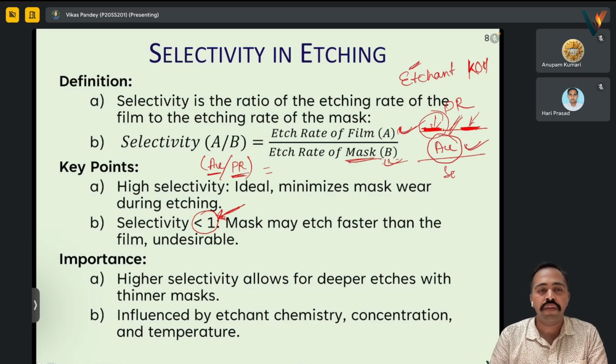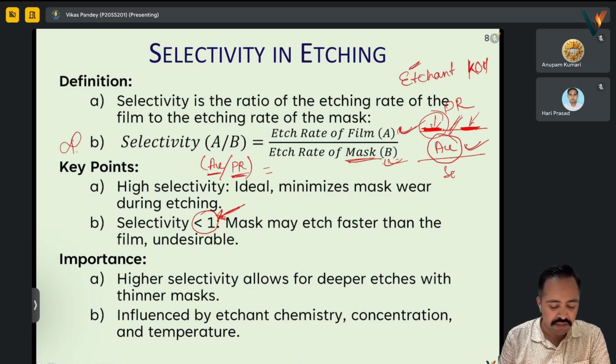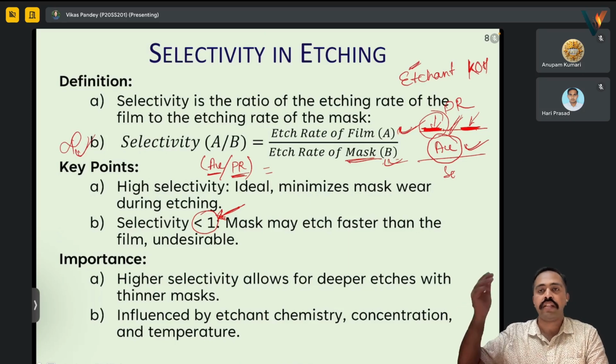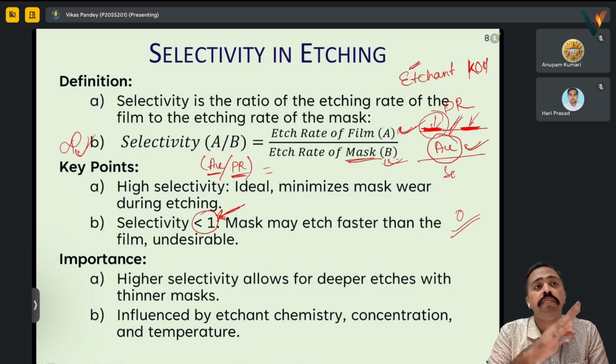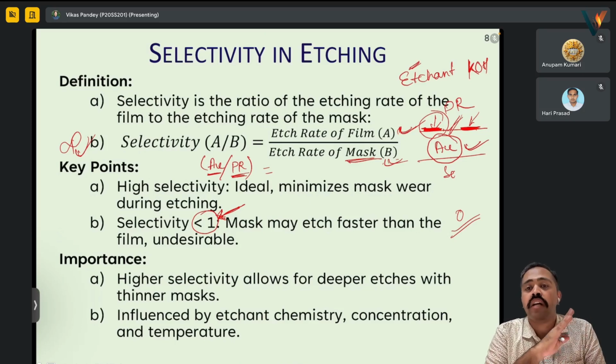If this selectivity is infinite, we say it is good. If it is tending towards 0, then it is very low. And when we are getting selectivity lower than 1, that means the mask will actually be etching faster than the film, which is undesirable in any case.